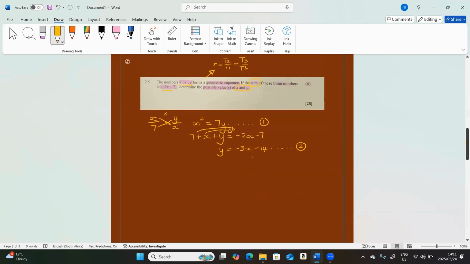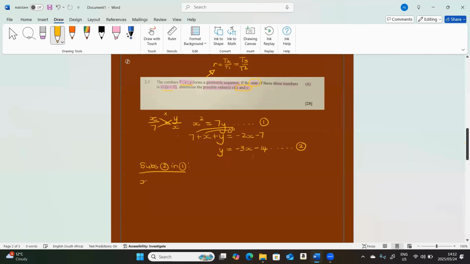So then you're going to tell your teacher that I am going to substitute equation number 2 into equation number 1. That is what we do with substitution, right? Once we have isolated one of our variables, we substitute the isolated version into the other equation. So let's do that. So we have to substitute y with minus 3x minus 14.